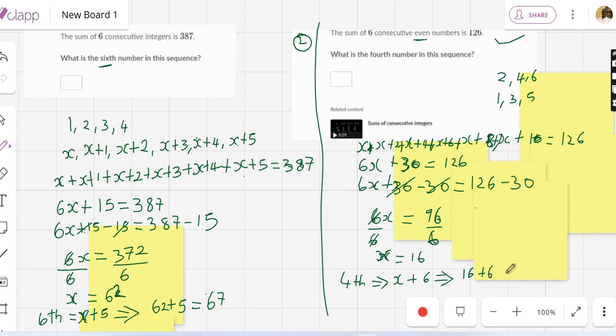And that's going to give us what? 16 plus 6, that's 22. So the fourth number is 22.